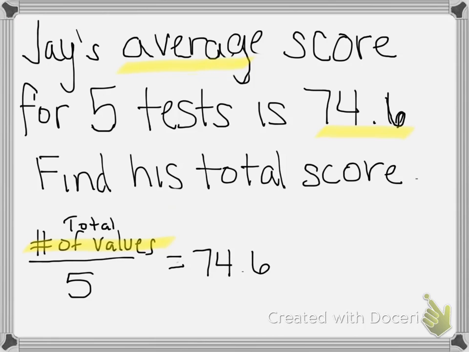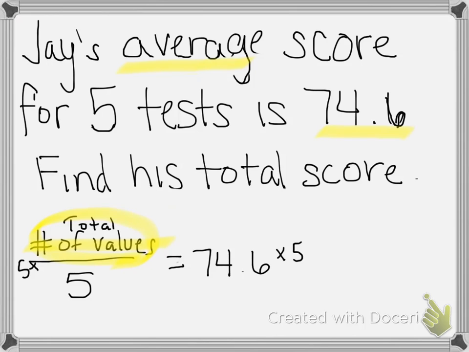So, to get that answer, we need to multiply each side by 5 to get the total of our values.